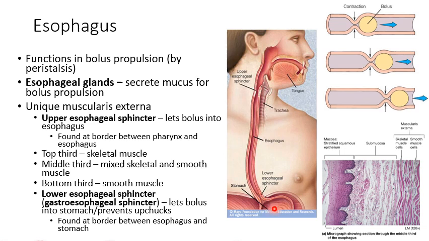Once the food bolus has entered the stomach and the stomach is full and is going to be doing its digestion, this sphincter will constrict, and that prevents food from rising up from the stomach into the esophagus, and of course prevents stomach acid from rising up as well. So this sphincter should in general be closed to prevent food or stomach acid from coming up into the esophagus and potentially damaging it.